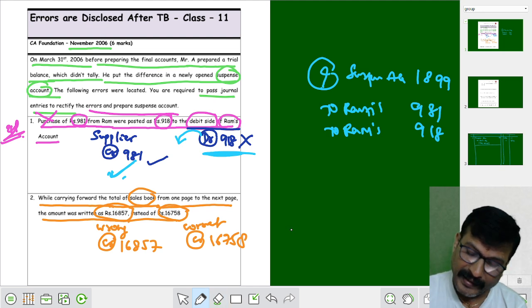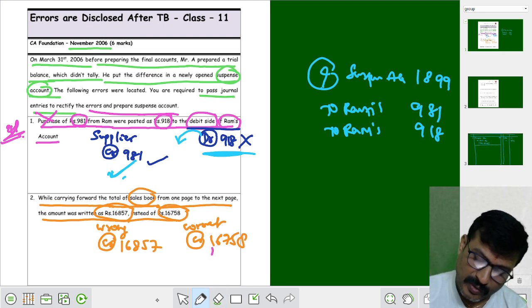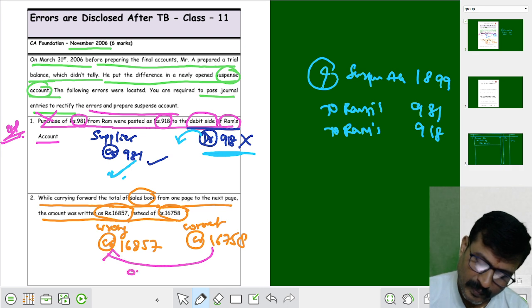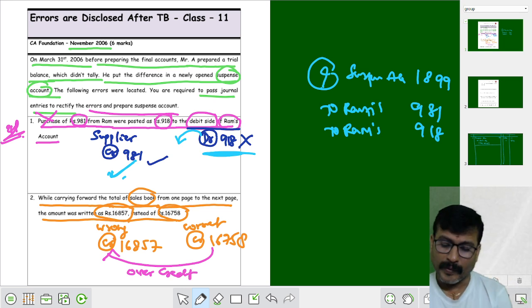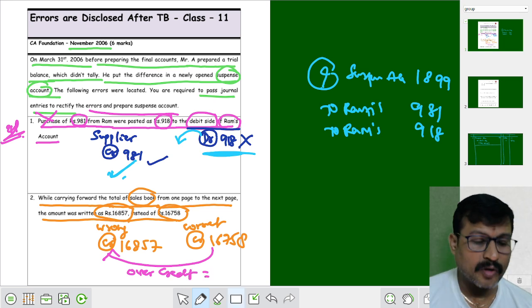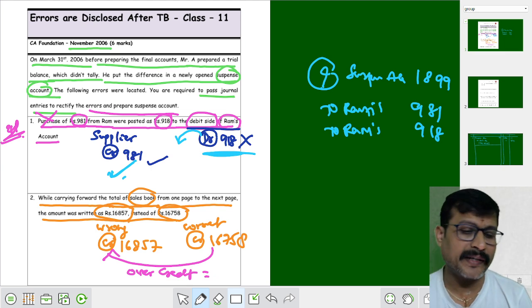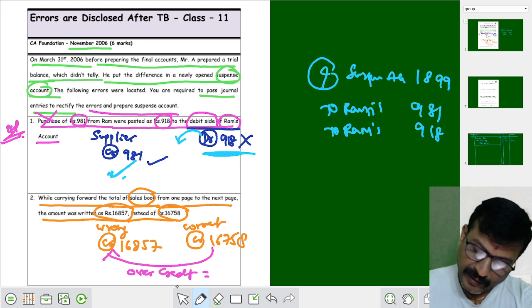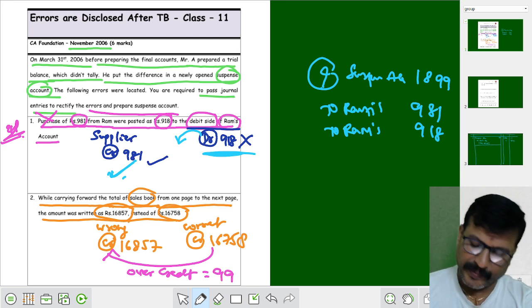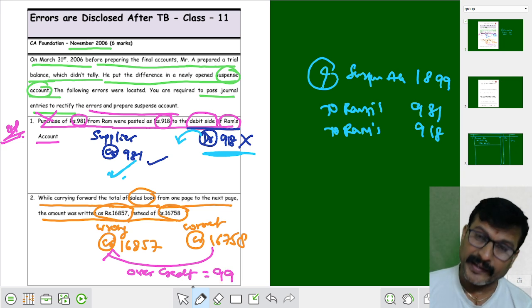So we can say that it is nothing but over credit. By how much? Find out the difference between these two. The over credit is 99 rupees. When it is over credit, we have to take it on the opposite side.